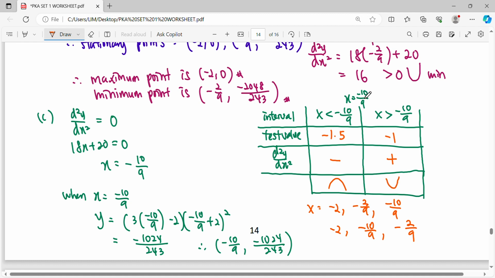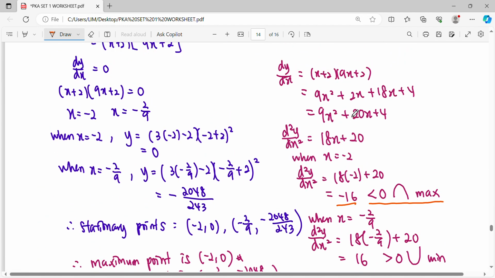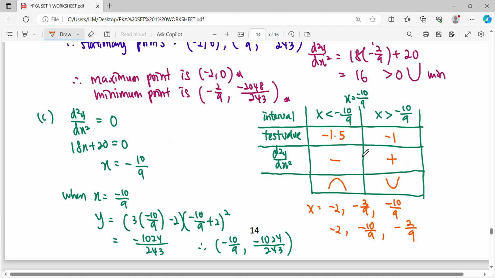So for this point, before that, it is concave downward. After that, it is concave upwards. That means for this point, there definitely is an inflection point. So you can see the difference: how we use the second derivative to test a stationary point to be maximum or minimum, and how we use the second derivative test on our inflection point to see the concavity change.